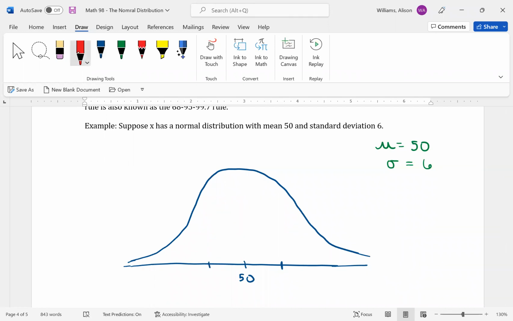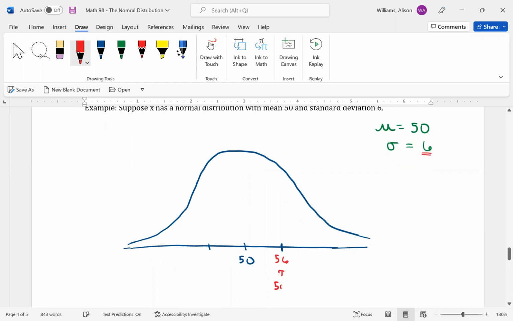So 1 standard deviation is a difference of 6 from the mean. If I add 6 to 50, I get 56. That's adding 1 standard deviation to the mean. If I subtract 6 from 50, that gives me 44. So that's 1 standard deviation below the mean.